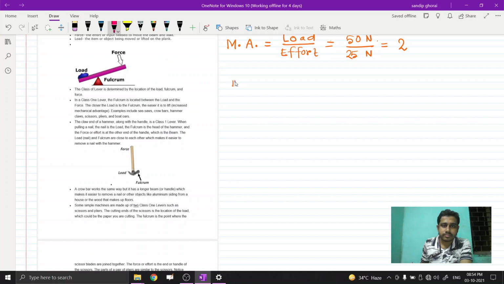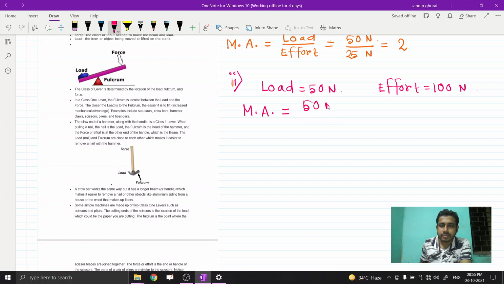Take load is equal to simply 50 Newton and effort is equal to 100 Newton. Okay, so here mechanical advantage is equal to load upon effort, that means 50 Newton upon effort, 100 Newton, that is equal to 0.5.